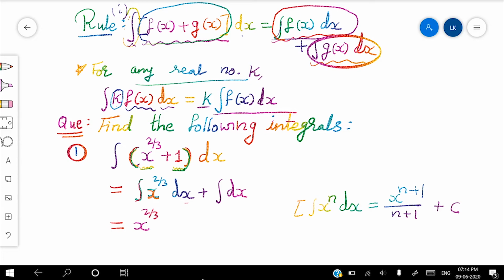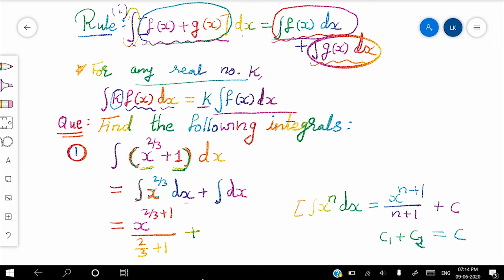So here x raised to 2 by 3 plus 1 upon 2 by 3 plus 1. Here we are not writing c. Why? Because if c1 and c2 both are constants, then the sum of two constants is again a constant. For solving the example, we will write simply one constant.